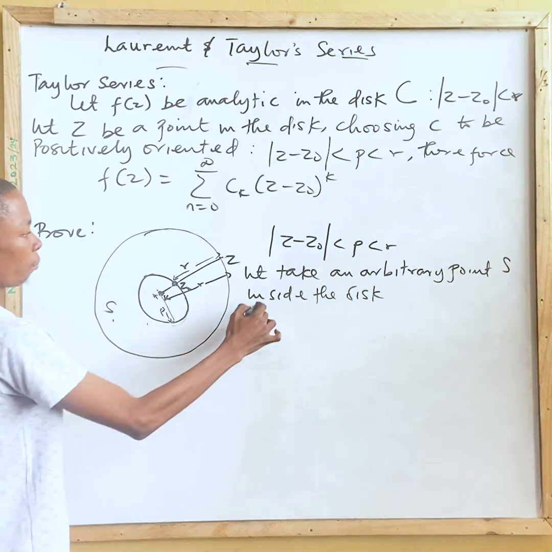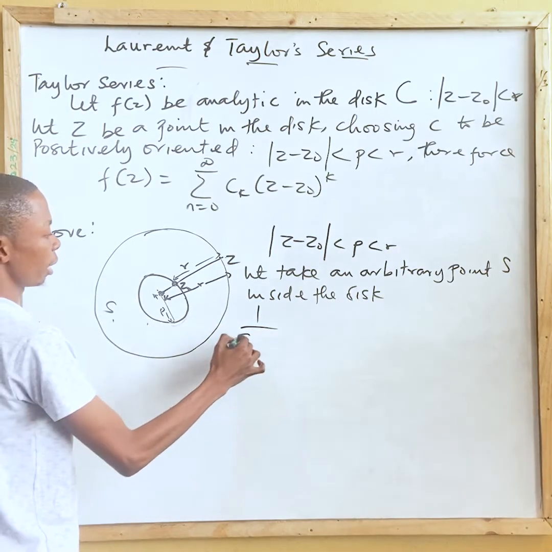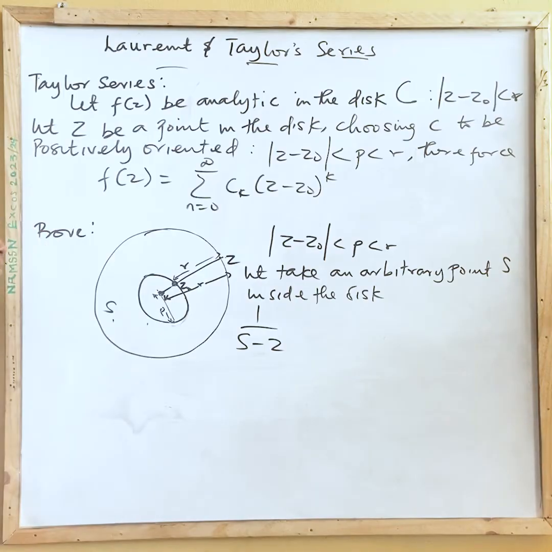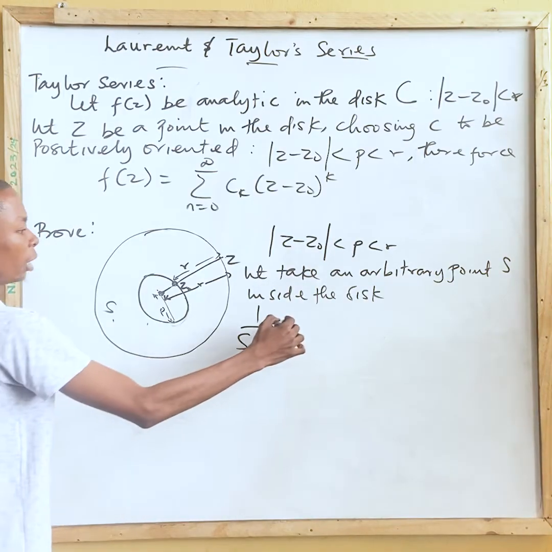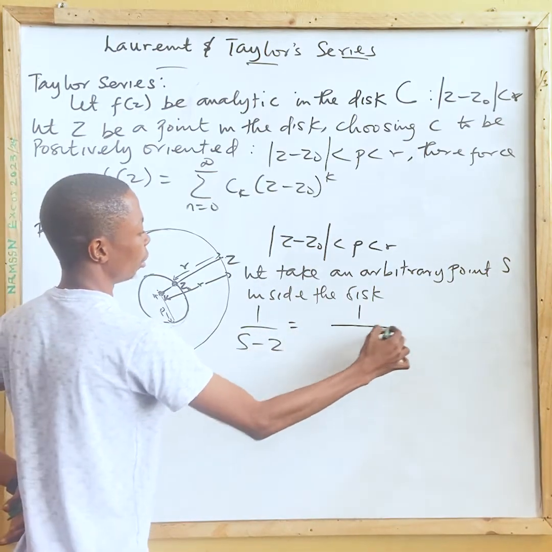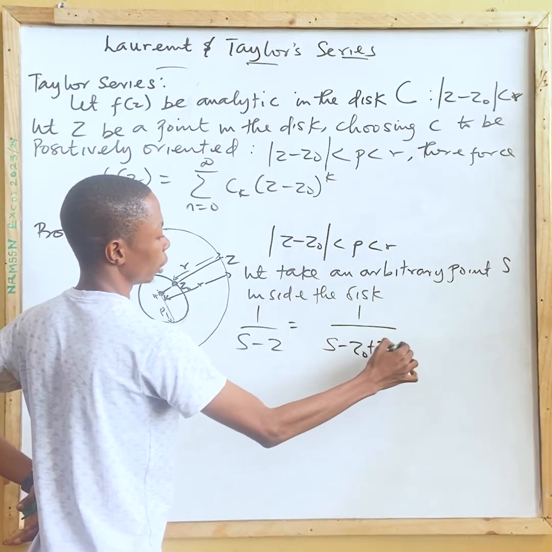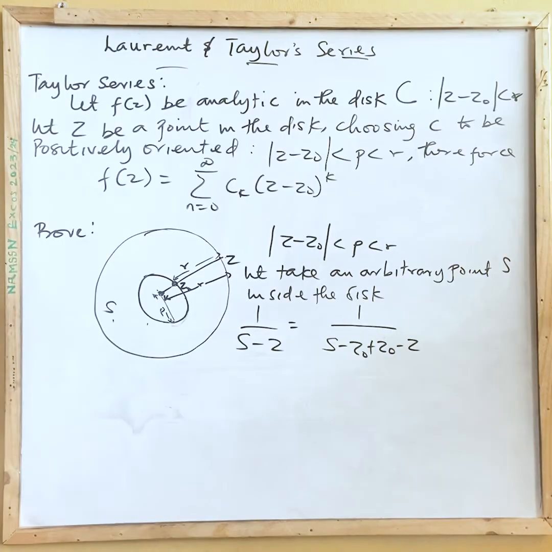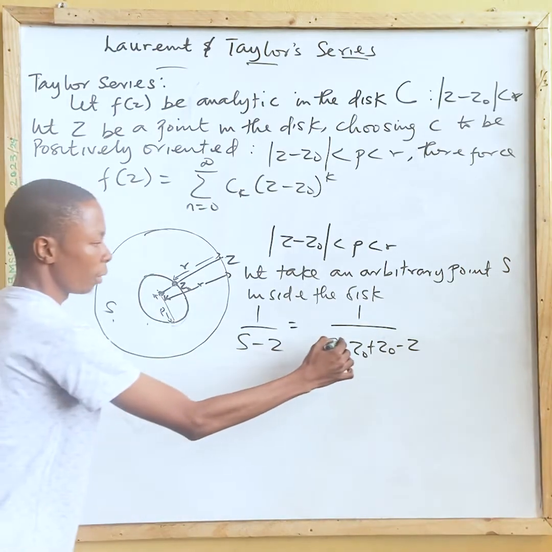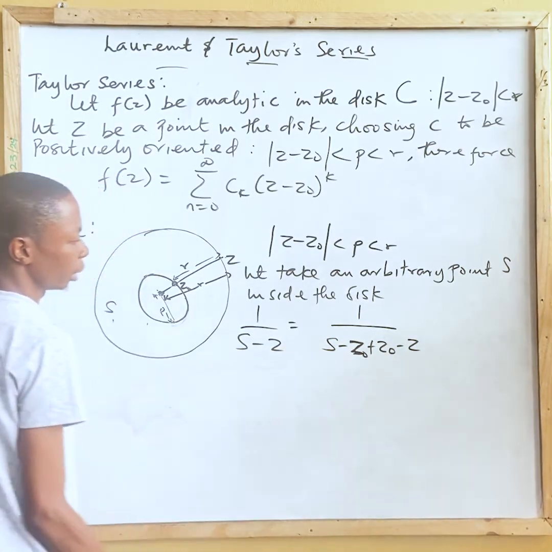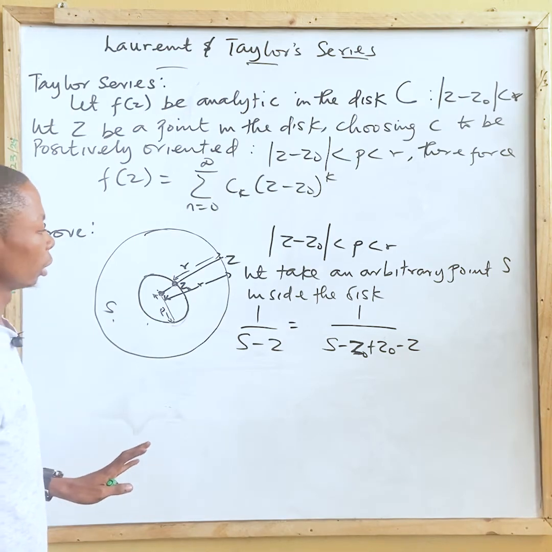You observe that if I have 1 over s minus z, I can manipulate it by saying this is like 1 over s minus z naught plus z naught minus z. It's the same thing. So 1 over s minus z is 1 over s minus z naught plus z minus z naught.